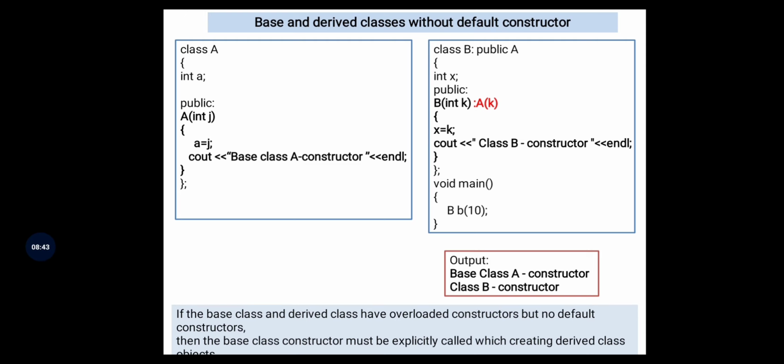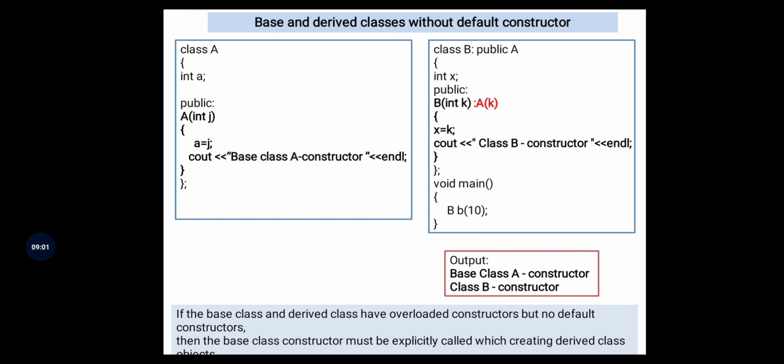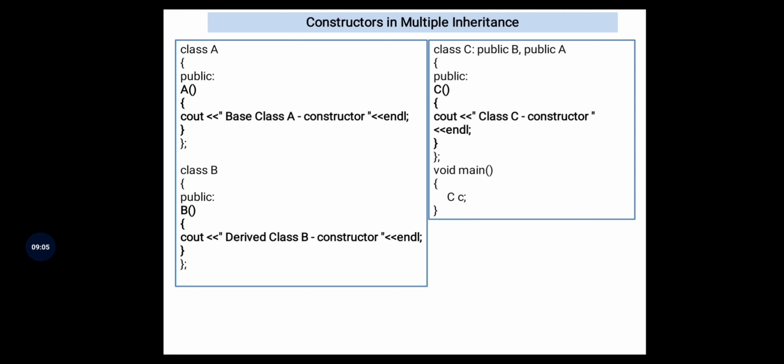So in this case, we must explicitly call the parameterized constructor of the base class. And how do you do that? It's specified here very clearly. This is the place where you call the parameterized constructor of the base class explicitly. So we've done all of this, but if you still have a problem, please get back to me.